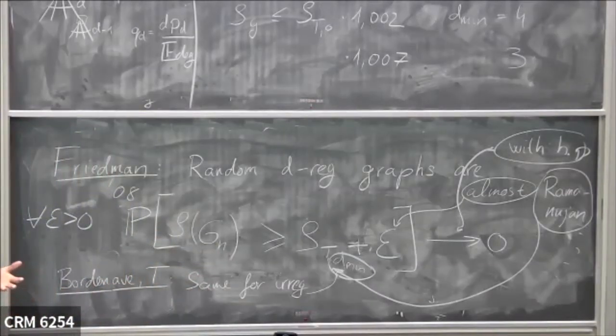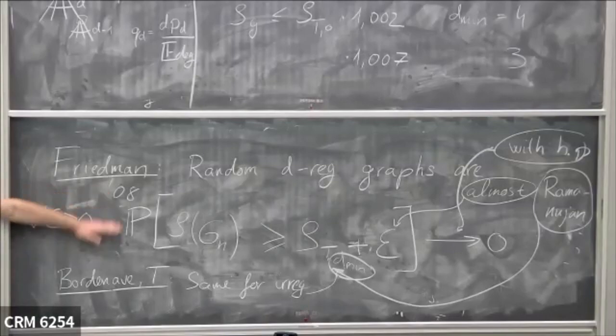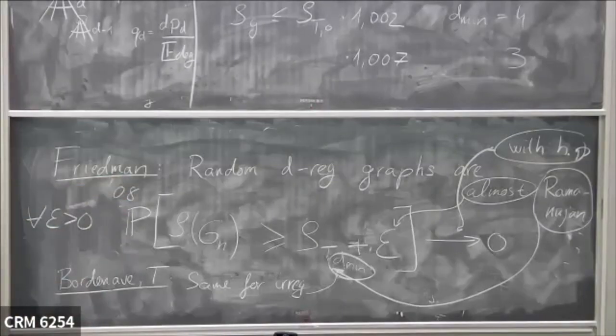So the finite implying the infinite is kind of clear. It's a two-line argument or something like that. And in the case of the regular tree, this proof of Friedman doesn't use anything about limits. It's just very concrete techniques.